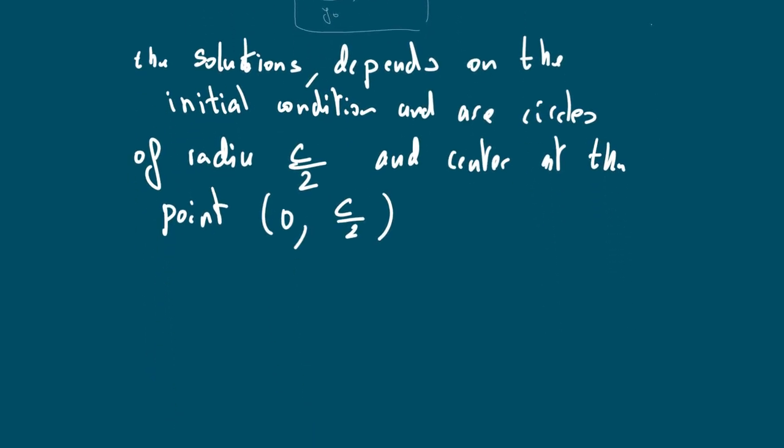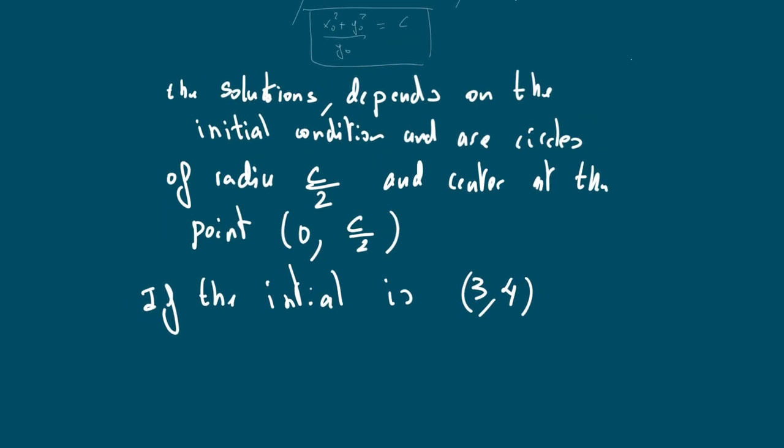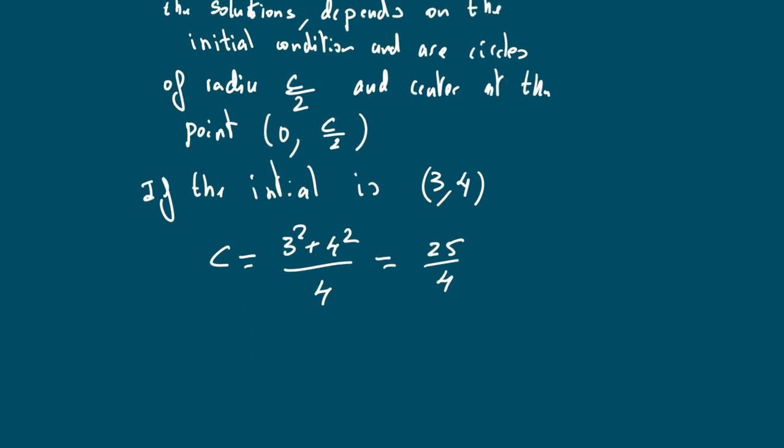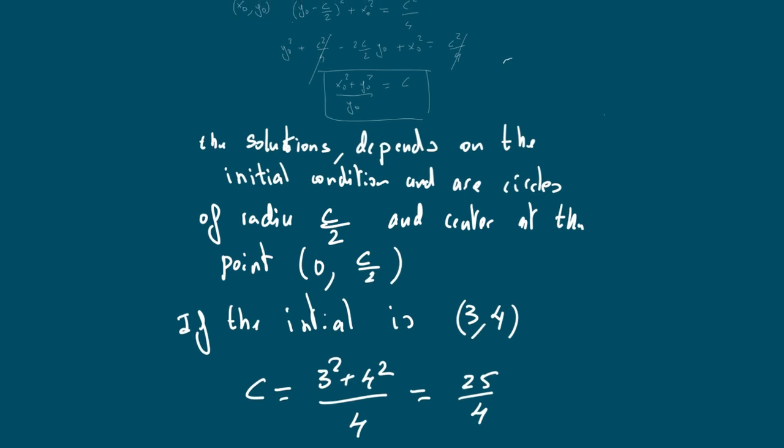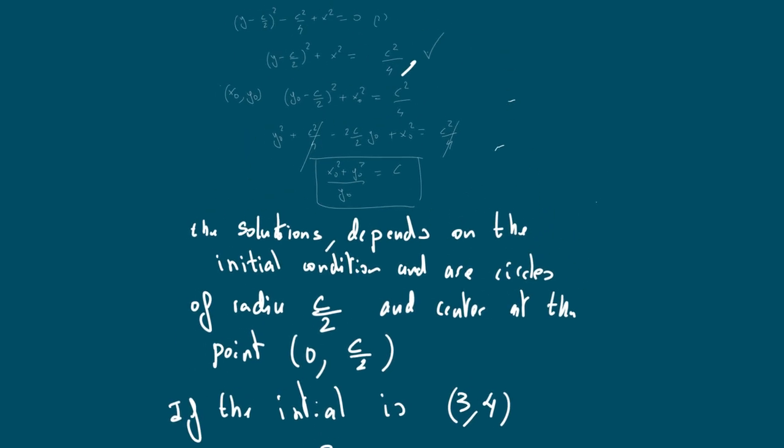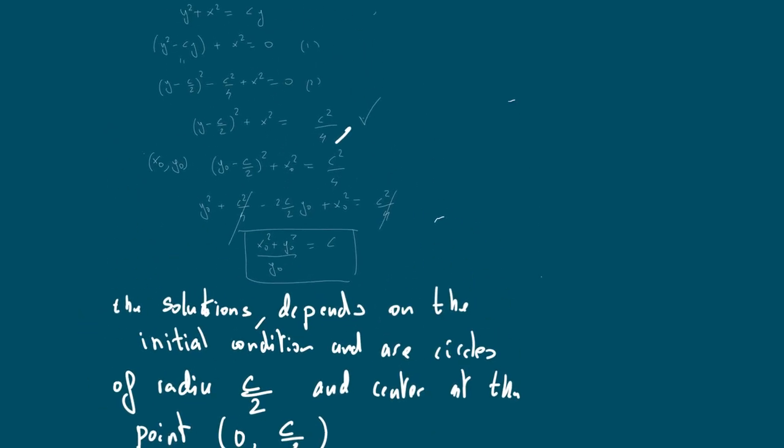For the case that we are studying, if the initial position is, let's say, 3, 4, then c will be 3 squared plus 4 squared divided by 4, in other words 9 plus 16, which is 25, divided by 4. So c is 25 divided by 4.